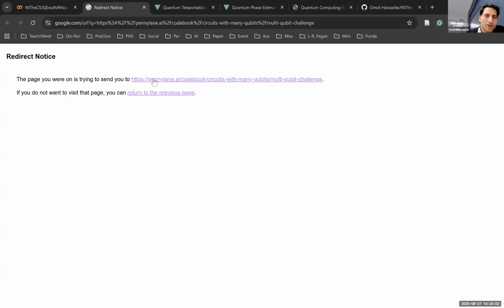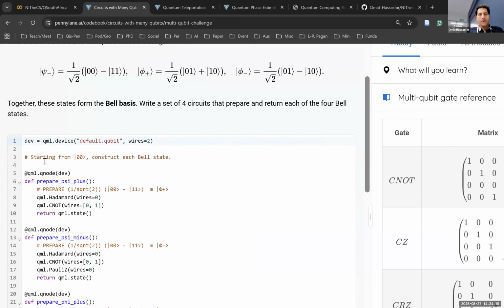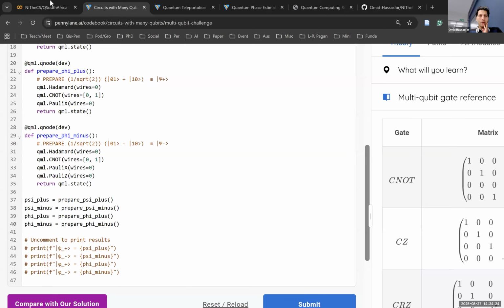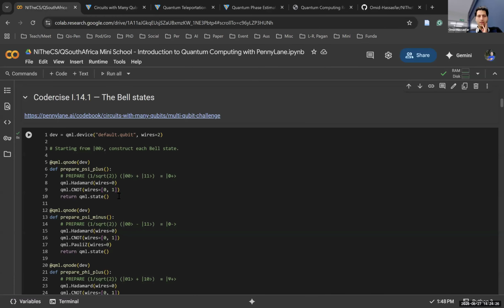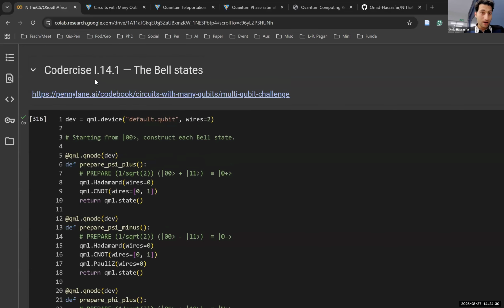If you want to quickly check, we have 4 different Bell states: psi plus, psi minus, phi plus, and phi minus. I think I put it here for you. So this is the answer of a specific exercise.